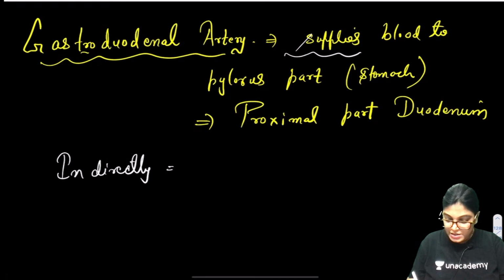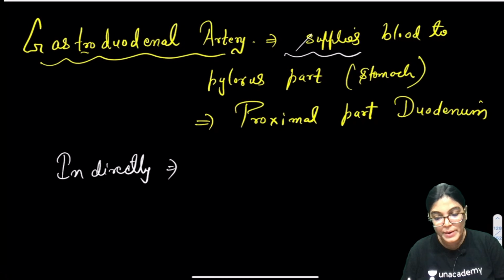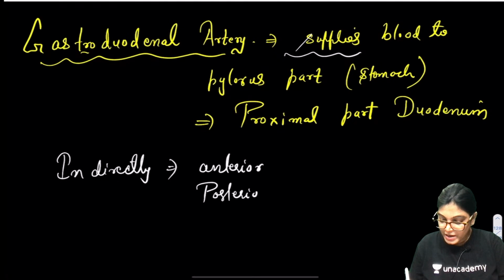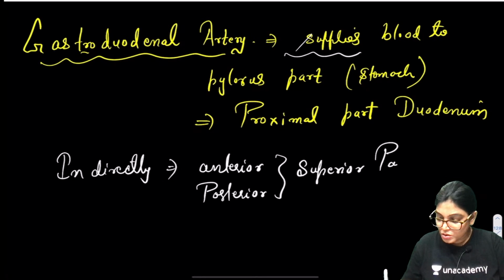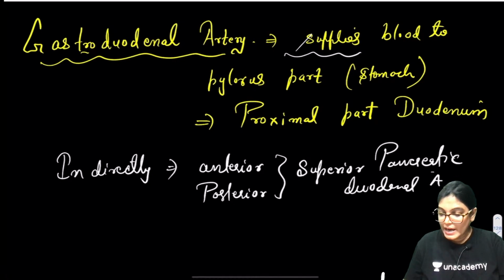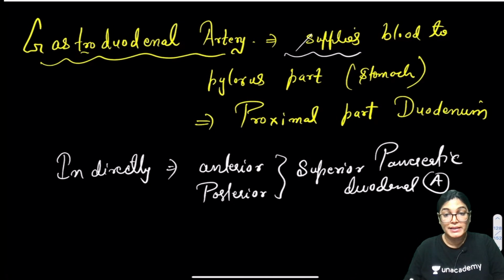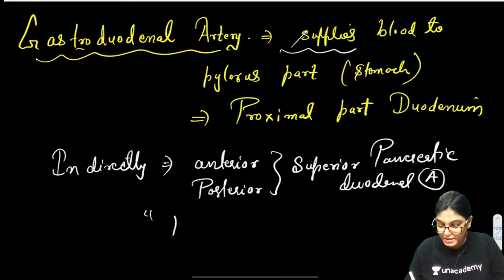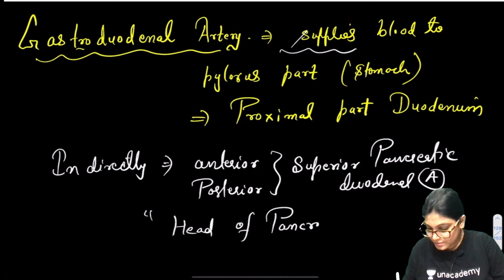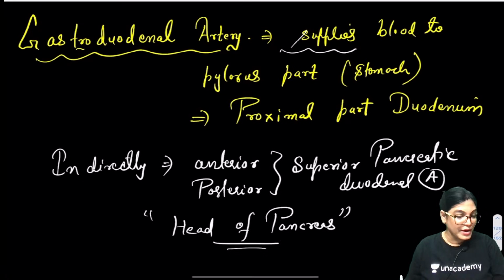Indirectly, through its branches, the pancreaticoduodenal arteries, there are two, the anterior and the posterior superior pancreaticoduodenal artery, it is giving blood supply also to the head of the pancreas. Is it clear to everyone?